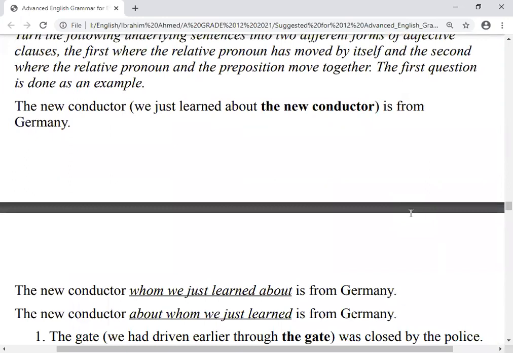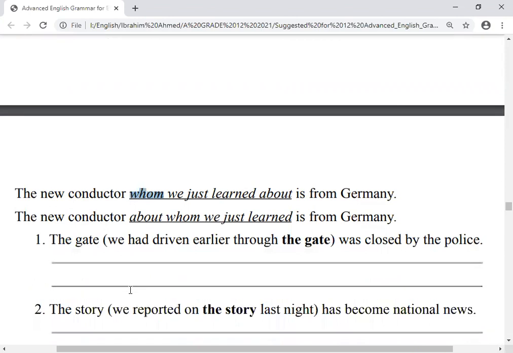Basant, be ready, Basant. I know you're back. The new conductor, and the underlying sentence is: we just learned about the new conductor, is from Germany. So the new conductor, whom, because it's the object of the preposition, we just learned about is from Germany, and we can say the new conductor about whom.